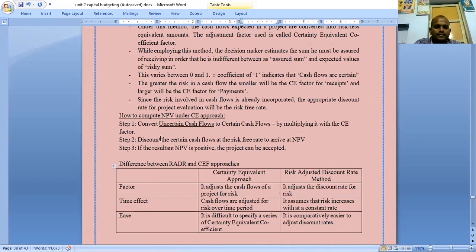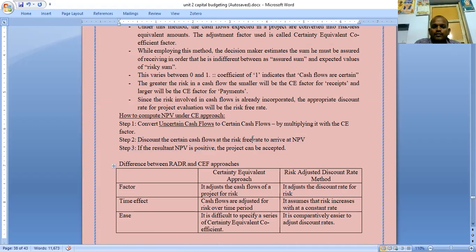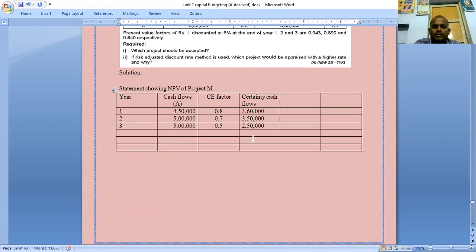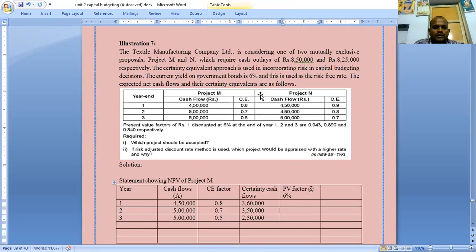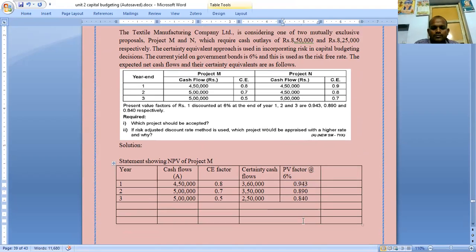Another step, discount the certain cash flows at a risk-free rate to arrive at the NPV. So PV factor at 6% is given as 0.943, 0.890 and 0.840.